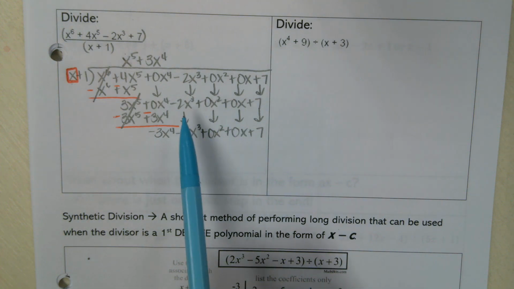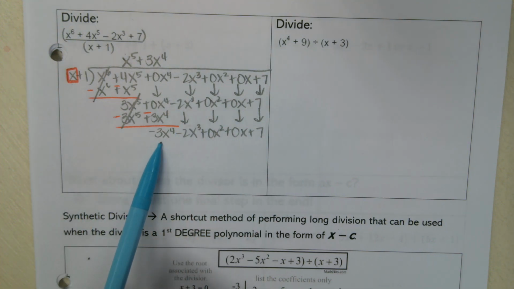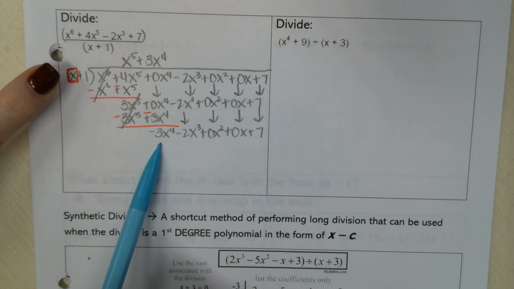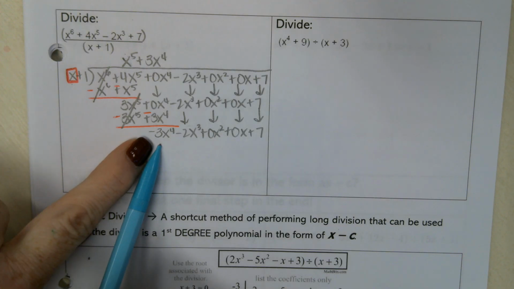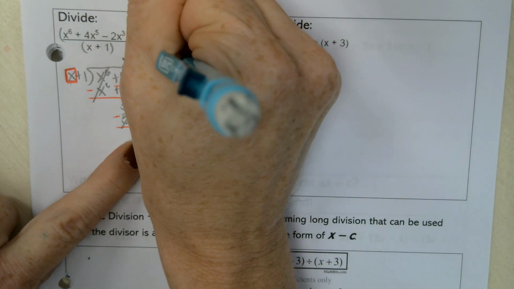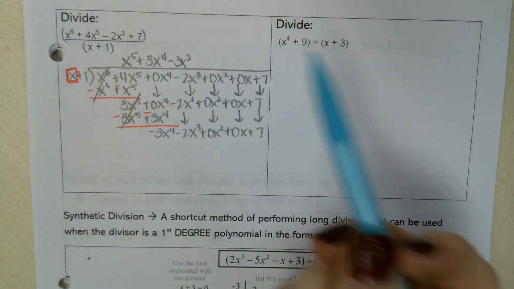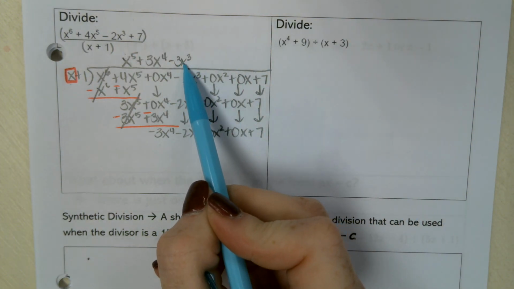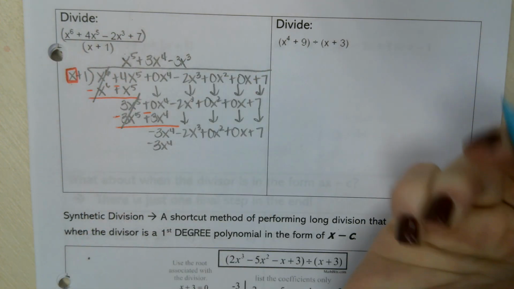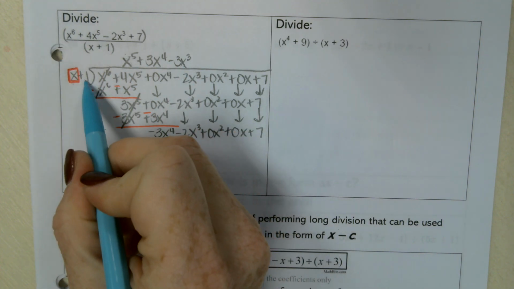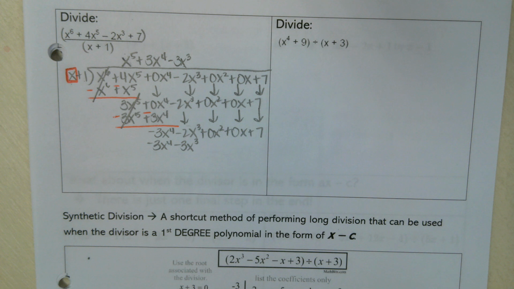All right, now, I brought everything down. I now care about this. What do I multiply by x to give me negative 3x to the fourth? Negative 3x to the third. Perfect. Now, negative 3x to the third times x is negative 3x to the fourth. Negative 3x to the third times 1 is still just negative 3x to the third.